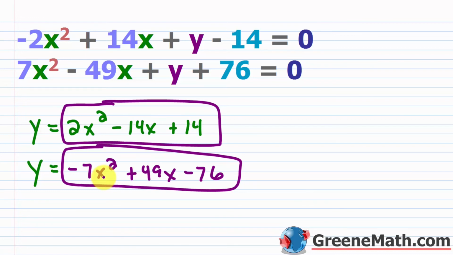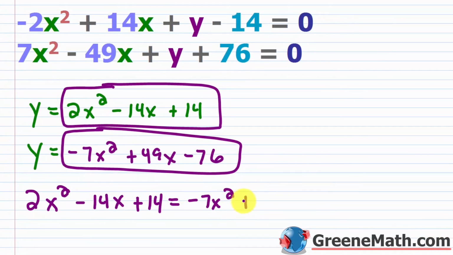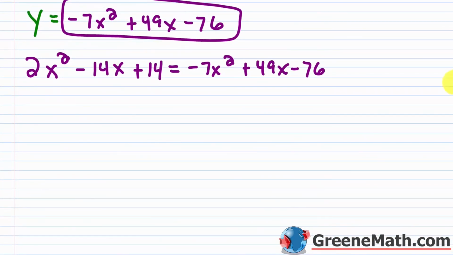Okay, so what I'm going to do is say that 2x squared minus 14x plus 14, again, this represents y here, is equal to the y from here, which would be negative 7x squared plus 49x minus 76. So when you get these, they're very, very easy to set up. Just solve each one for y and then equate the two, okay?